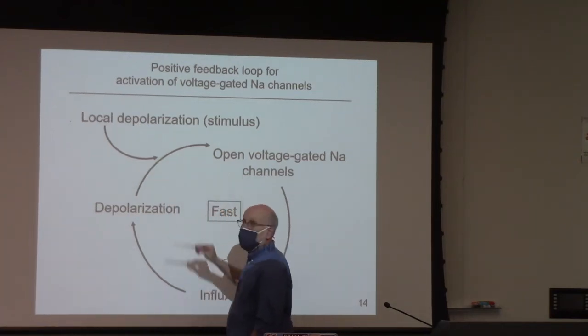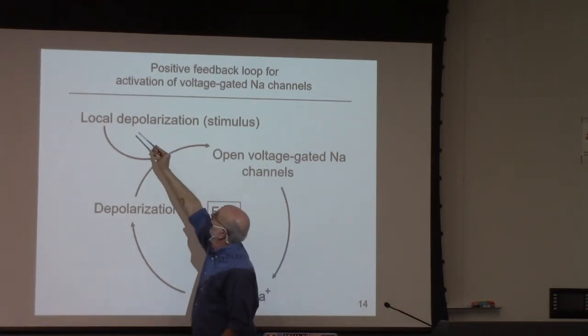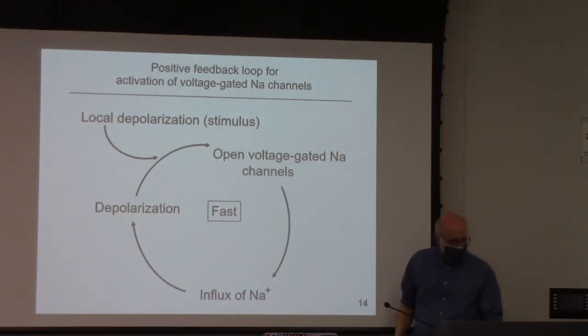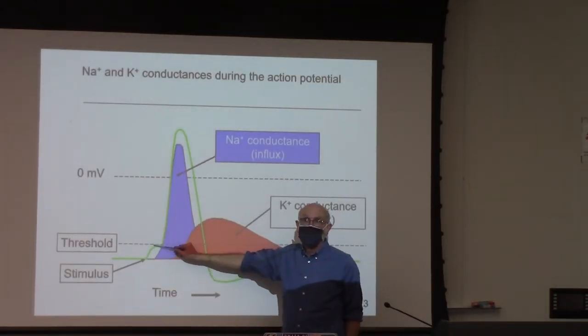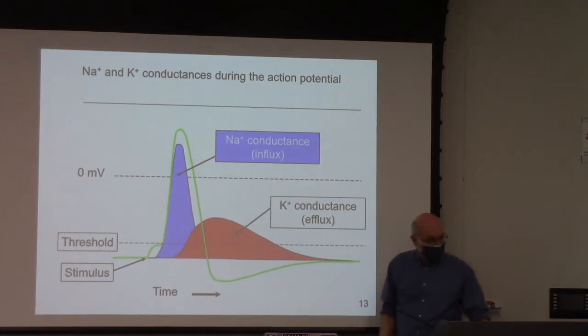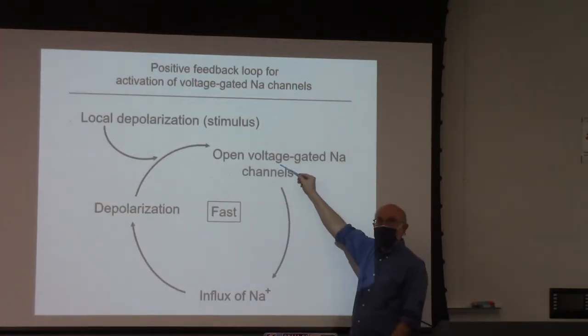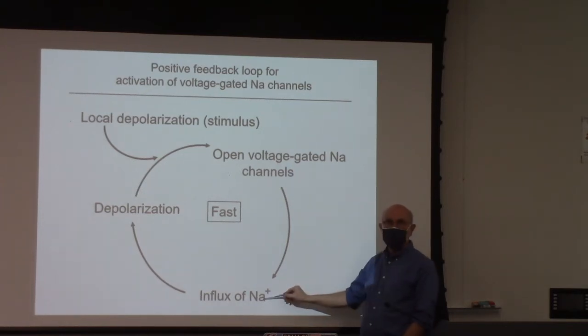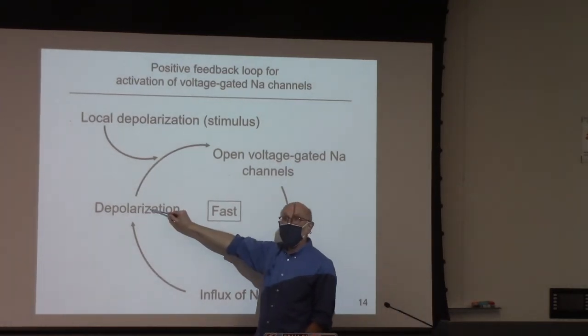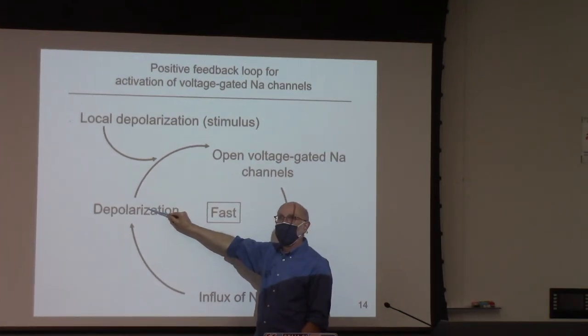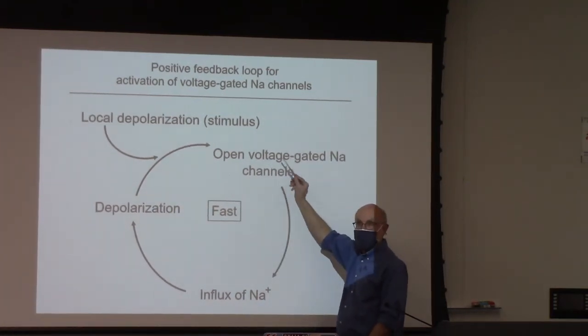This is what's going to get us into this loop. Local depolarization, an EPSP right there. It opens voltage-gated sodium channels. Sodium flows in. Causes a depolarization, which does this again, right?